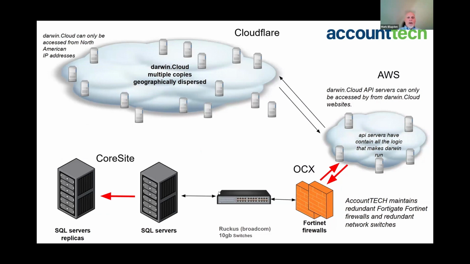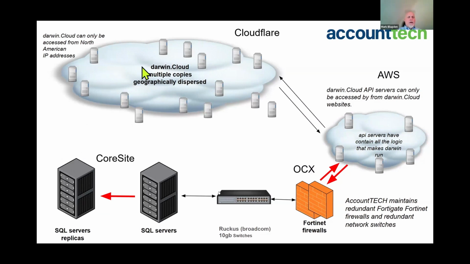Now, from a security point of view, I don't want to get bogged down on this, but there's a couple real important things I want to cover for security. Darwin Cloud is the most secure thing that we've ever created. And I'll tell you why.